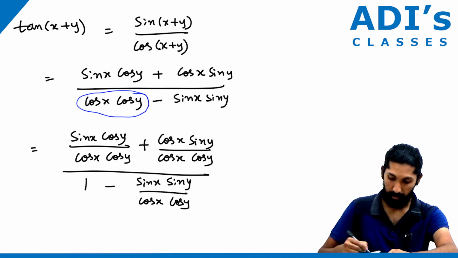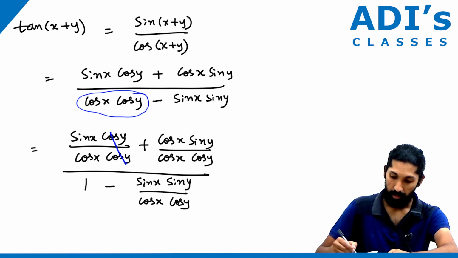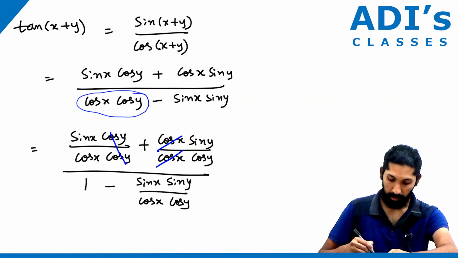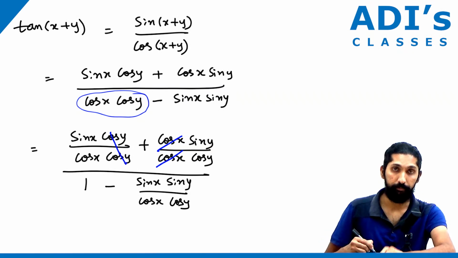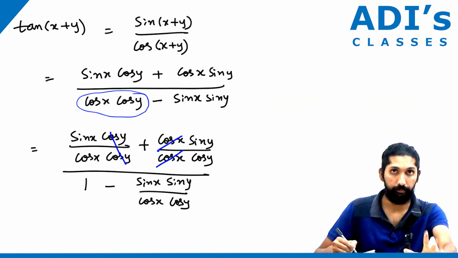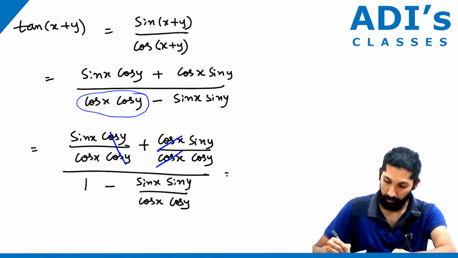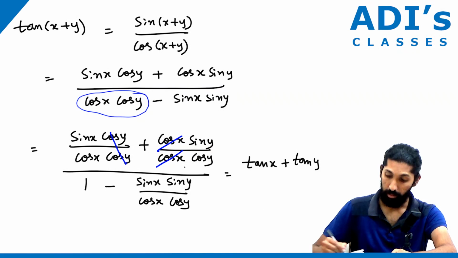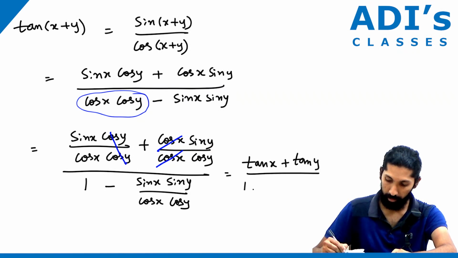Now what gets cancelled here? Cos y gets cancelled, and here cos x gets cancelled. Now what do you get? Sin x by cos x, tan x, plus sin y by cos y, tan y, isn't it? So you're going to have tan x plus tan y divided by 1 minus, what is sin x by cos x?